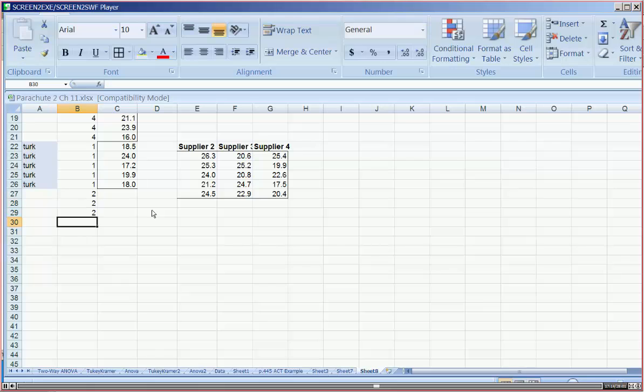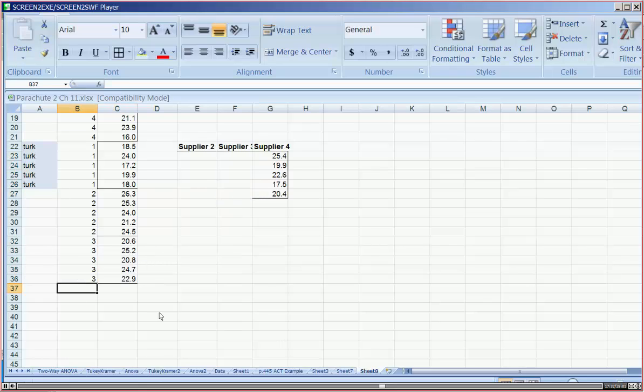Supplier 2. This exercise makes it easier to see how the word level is illustrated in the data set here. Last one.